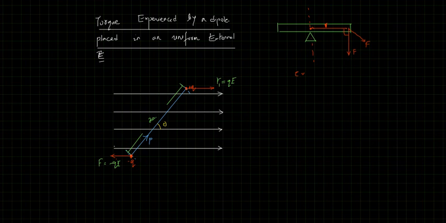We have to take the component of force which is perpendicular to r. Force into perpendicular distance, the perpendicular distance of the force from the point of rotation. This is the point of rotation. Just a revision from class 11. Then we can easily find the torque.